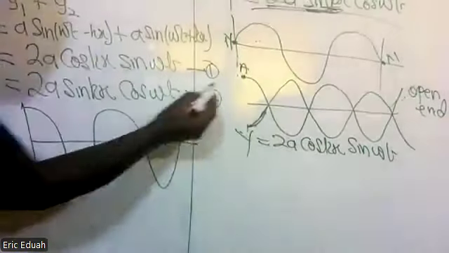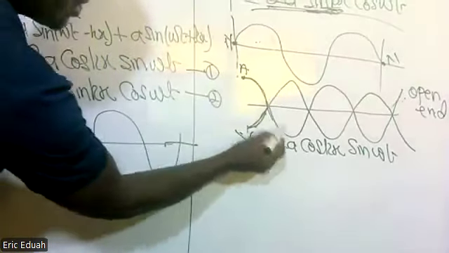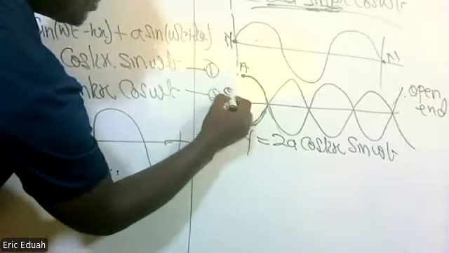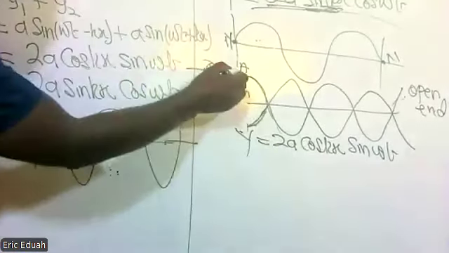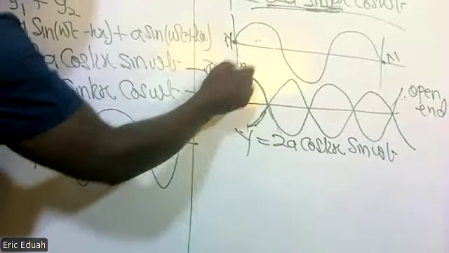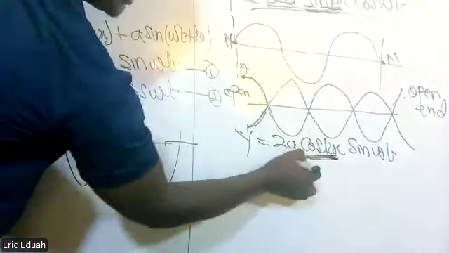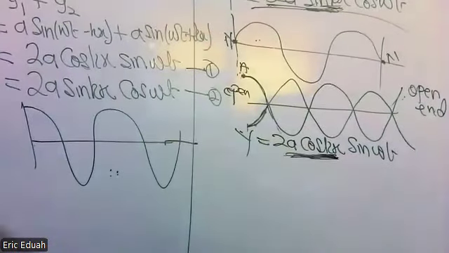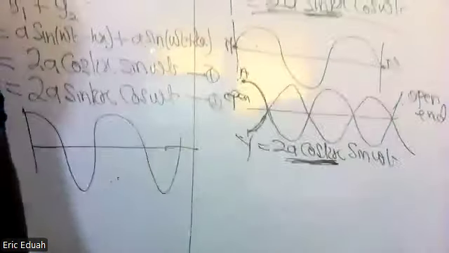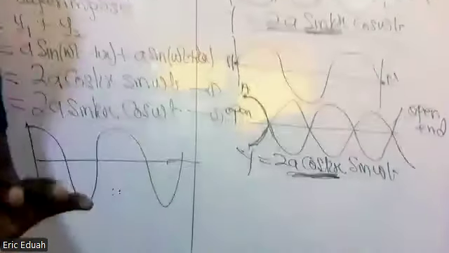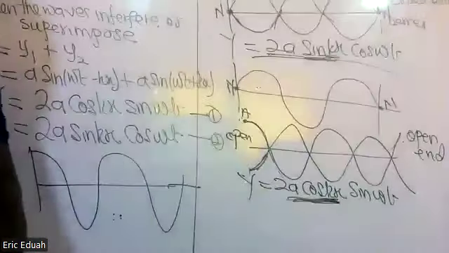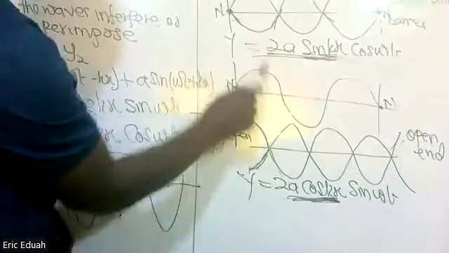And so if the wave starts from an open end, then the antinode begins at the open end, and we must have an equation expressed in terms of cosine. So we can have these two different stationary wave equations, either this one or this one.